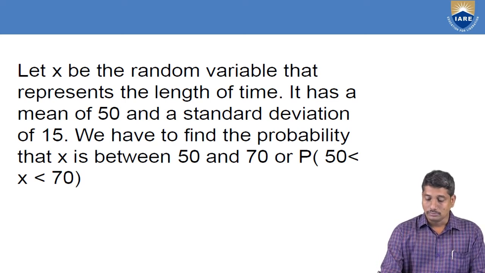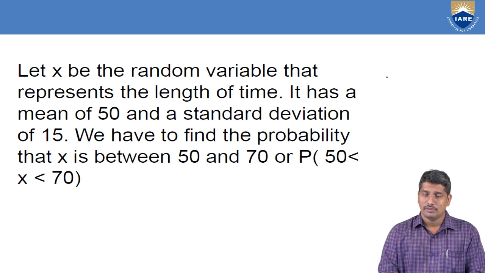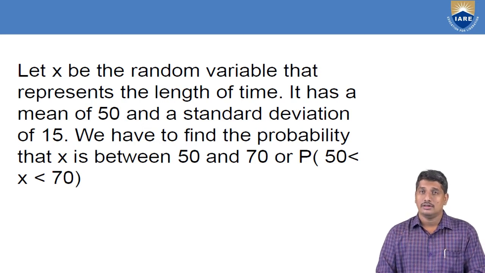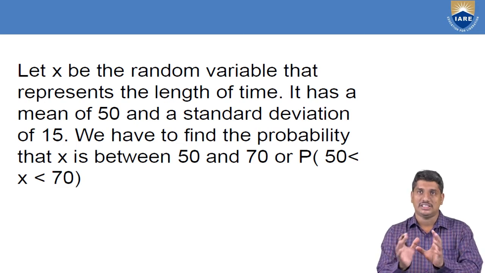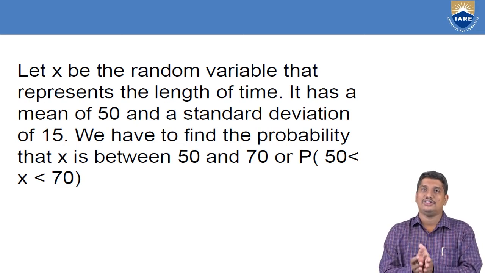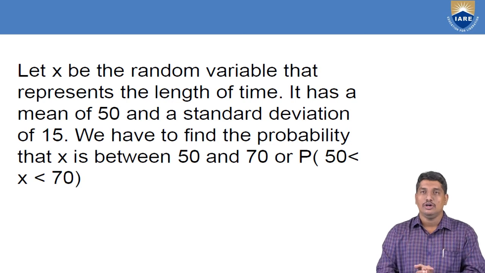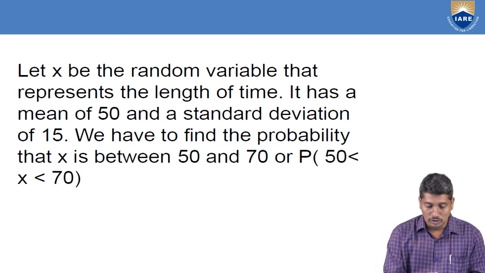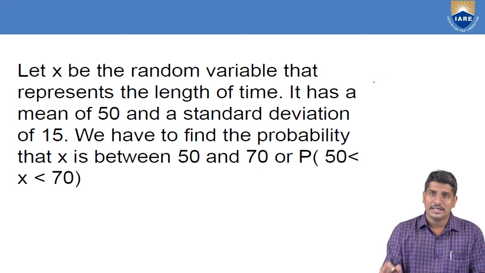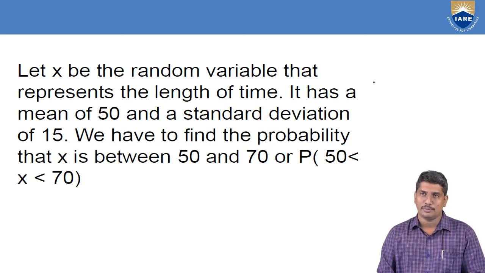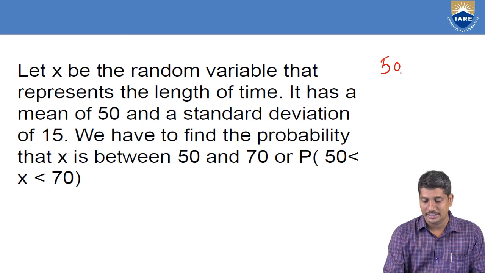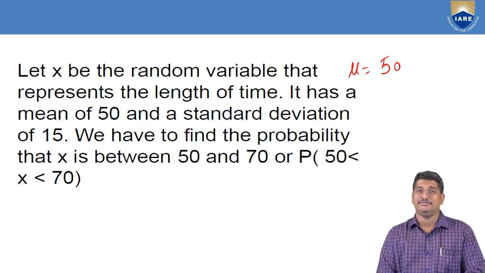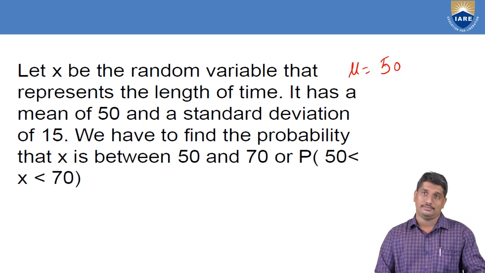Here we are inspecting the duration taken by workers to complete a task. What is the average duration of the workers to complete a task? By checking a sample from the population, we understood that they are taking on average 50 minutes to complete the task.